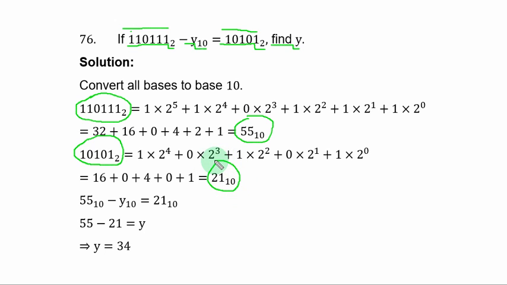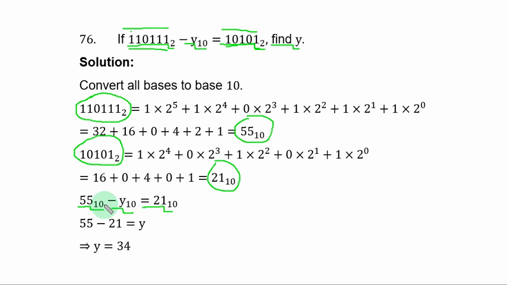What it means is that 55 base 10, that is replacing the first number here, minus y base 10 is equal to 21 base 10, that is replacing the right hand side.